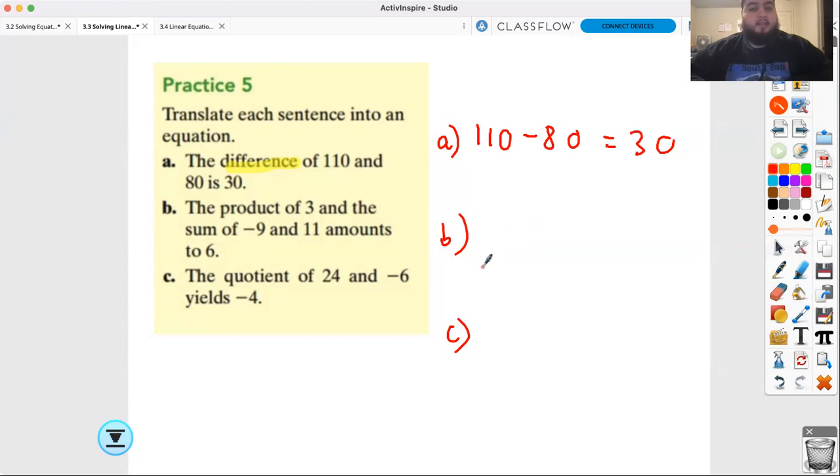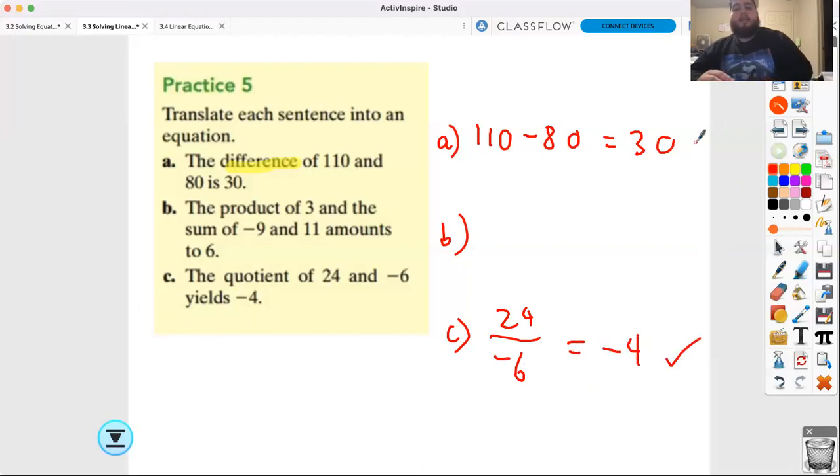C is 24 divided by, yep, 24 divided by -6 equals -4.